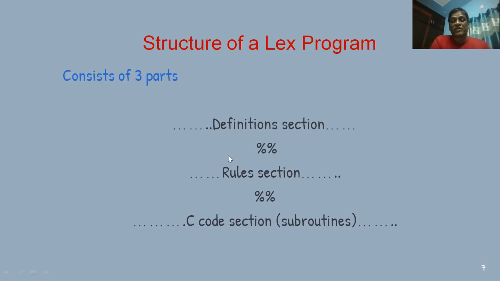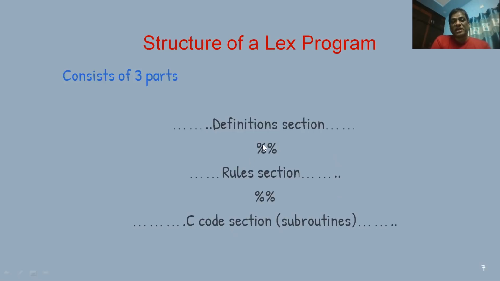So for example, when a pattern matches, if you are calling a particular function, that function must be defined in this section only. You should not write the function definition in the rule section. Just call the function in the rule section and define the function in the subroutine section. Remember that the rule section is always put inside a pair of percent symbols.